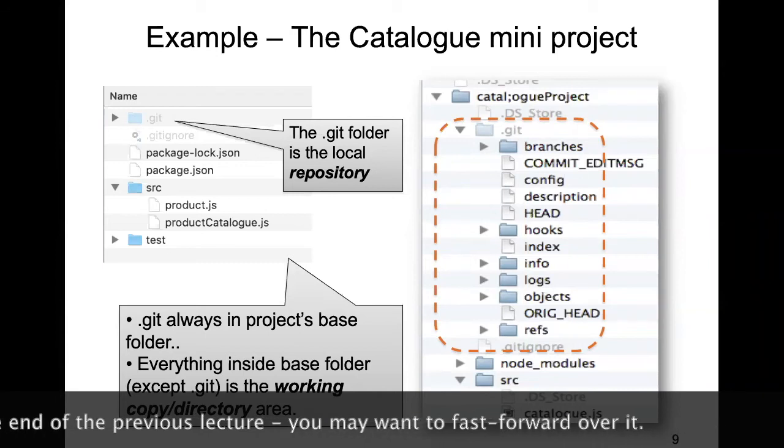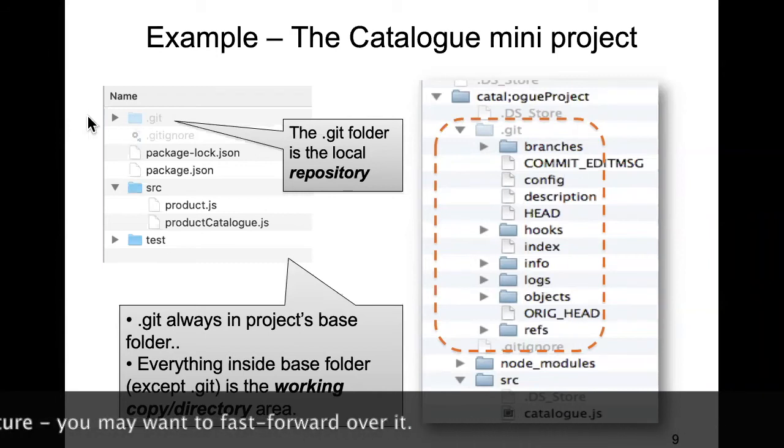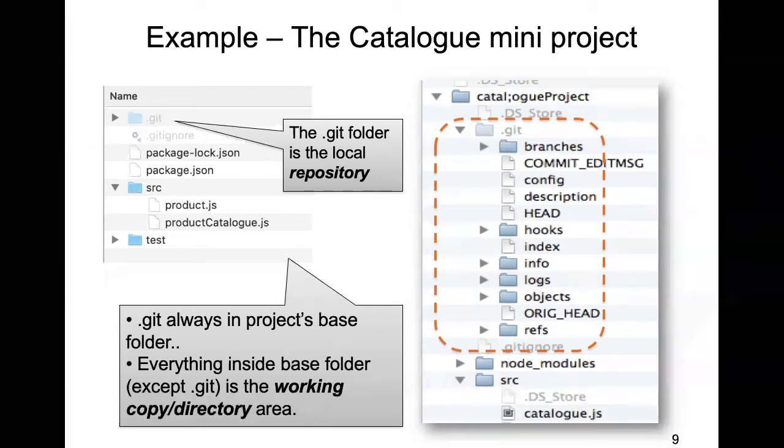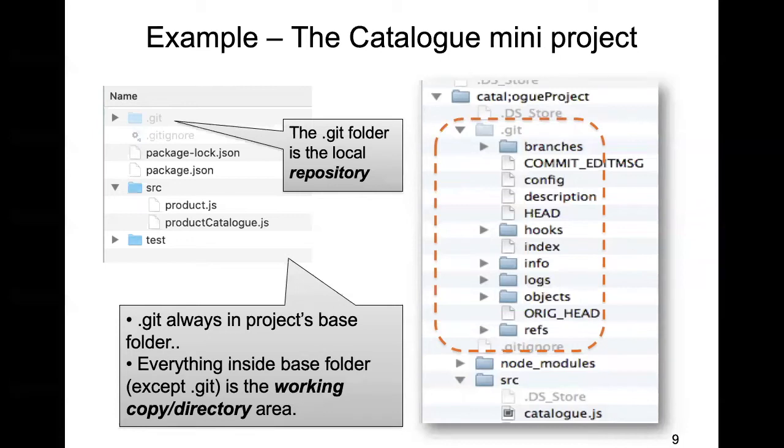that project. Physically, a Git repository is nothing other than a folder in the project itself. And if you expand that folder, you can see what's contained inside the folder on the right. So even an empty Git repository will have all of those files and folders that you see on the right there.